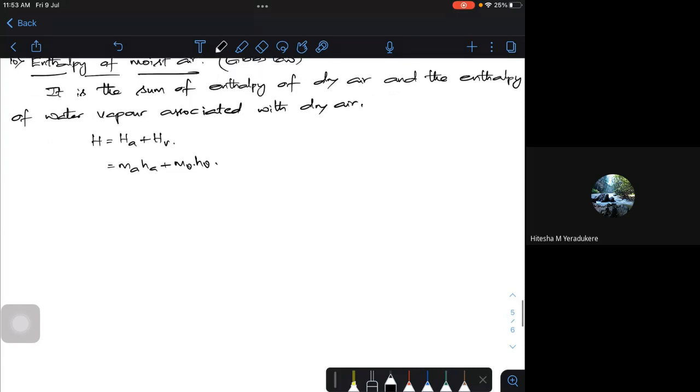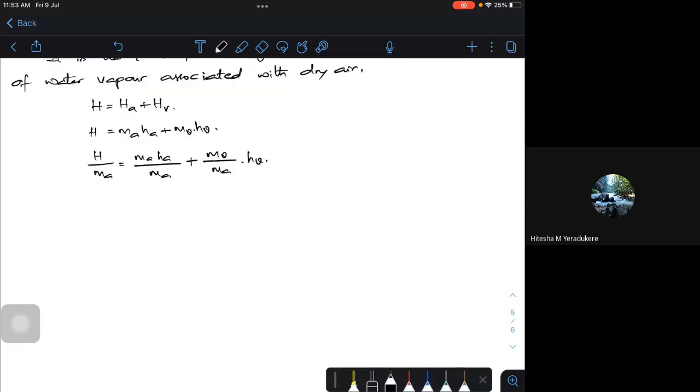Okay, then what is it actually on the left hand side? Now if I divide throughout by the mass of air, this becomes h = H/MA. So H/MA becomes MA/MA into HA plus MV/MA into HV, or small h is equal to HA plus MV/MA into HV. We already defined omega as the mass of vapor divided by the mass of air, so this will be omega into HV.